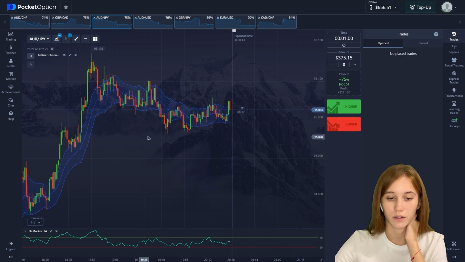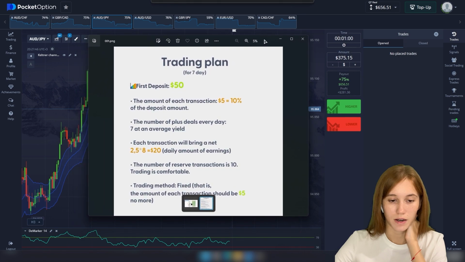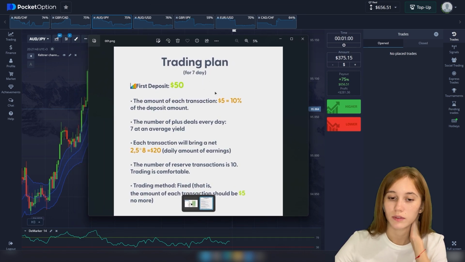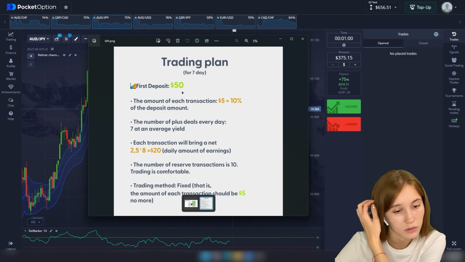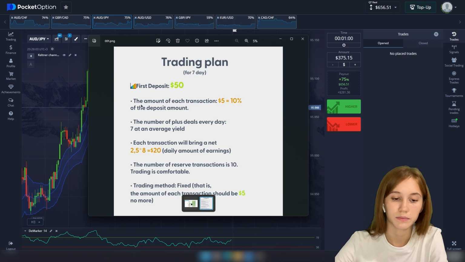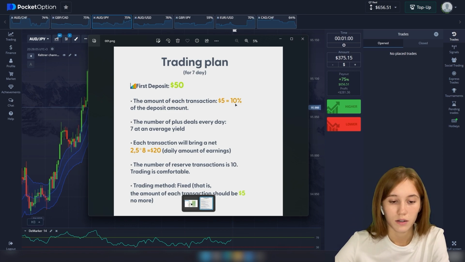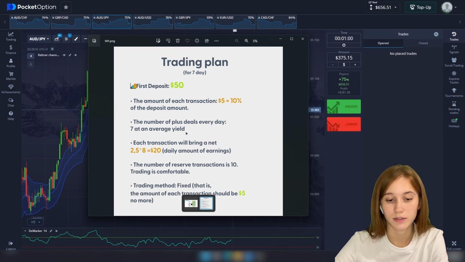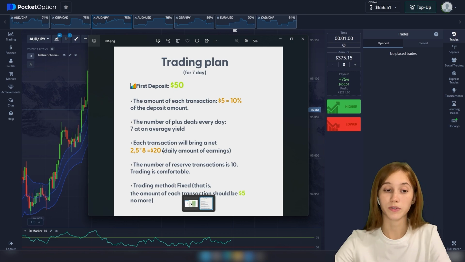For the start, I'll show you my table-like plan. Yeah, you see it. It's like an example of a plan. You can find more in my Telegram channel. You see $50, it's our deposit, and then our deal will be $5, 10% of our deposit.